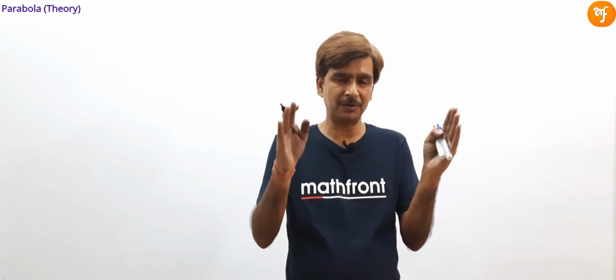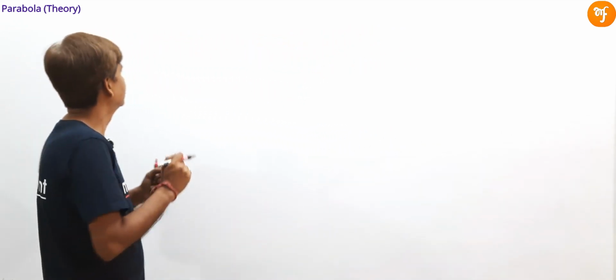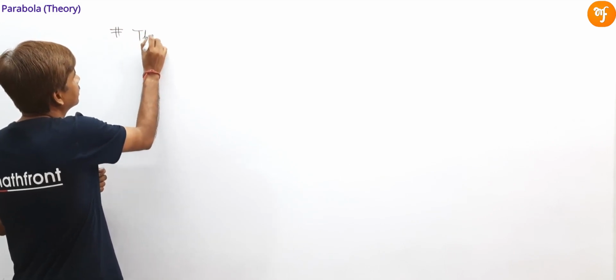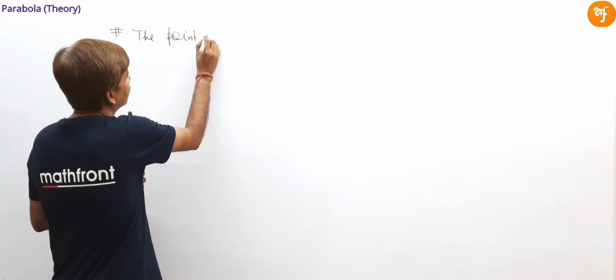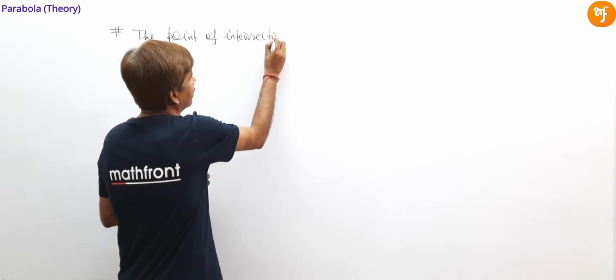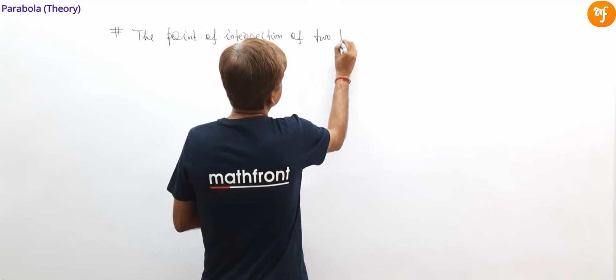The point of intersection of any two tangents to the parabola y square is equal to 4x, drawn at the points (at1 square, 2at1) and (at2 square, 2at2), will be (at1t2, a(t1 plus t2)).